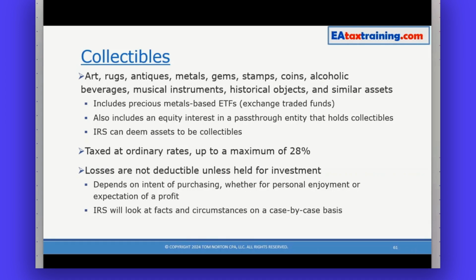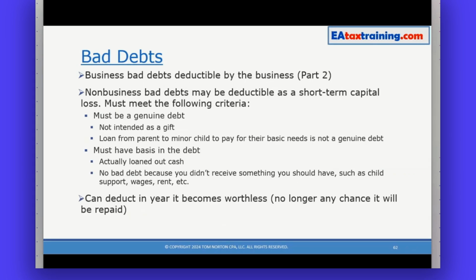Or were you buying them because you thought this is a good investment and I can buy it now and turn around later and sell it? The IRS is going to look at the facts and circumstances on a case-by-case basis, because if you sell that investment at a loss, then it is only deductible if you held it for investment. It's not deductible if you held it for personal purposes.